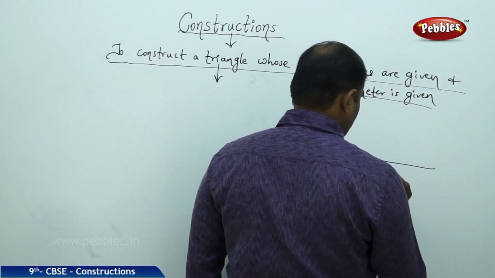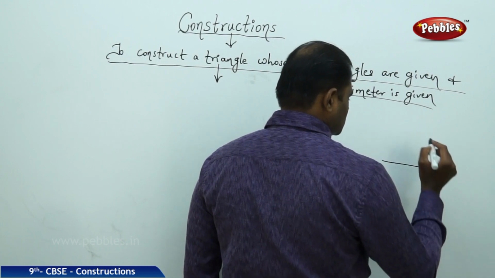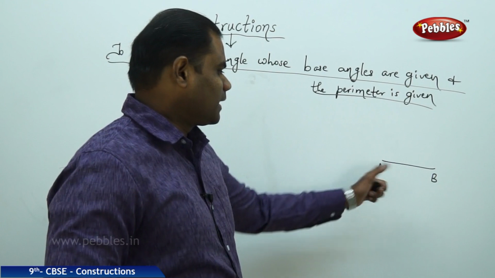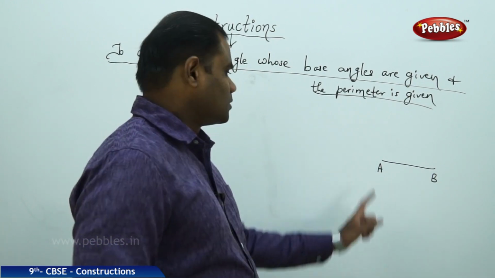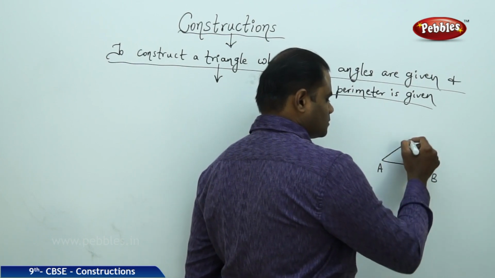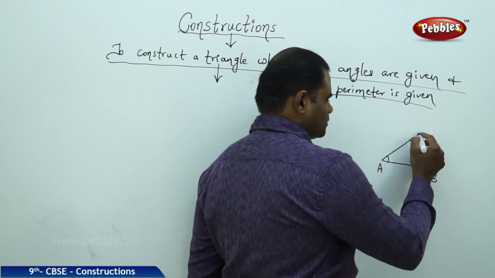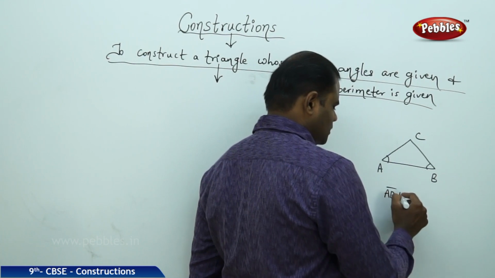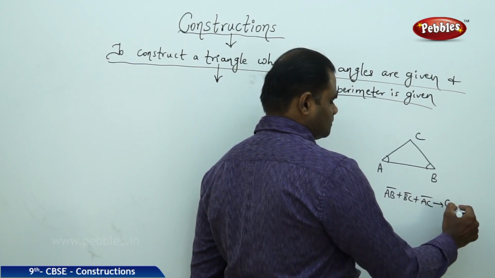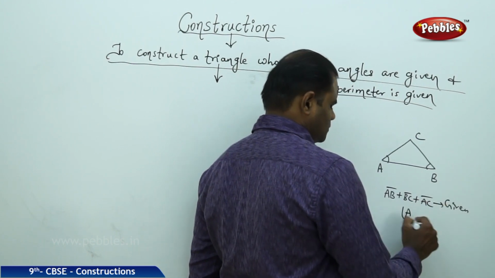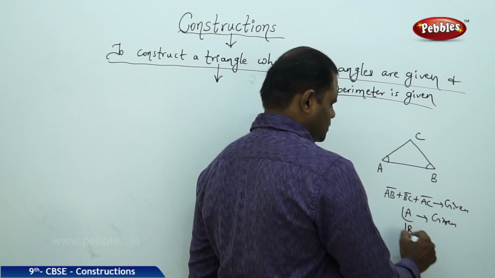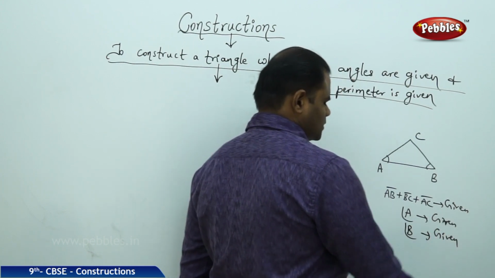So here, if I assume a triangle, we have only the base angles which are given, but we don't have the length. So we cannot assume the length, but we assume that the base angles are given, and AB plus BC plus AC is given, angle A is given, and angle B is given.